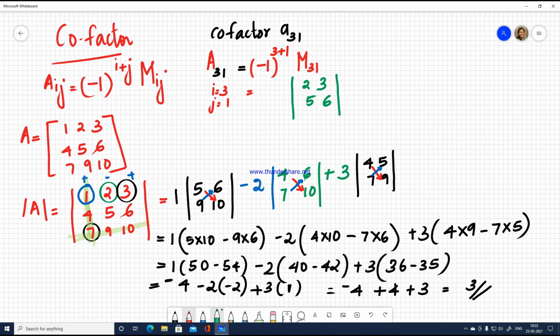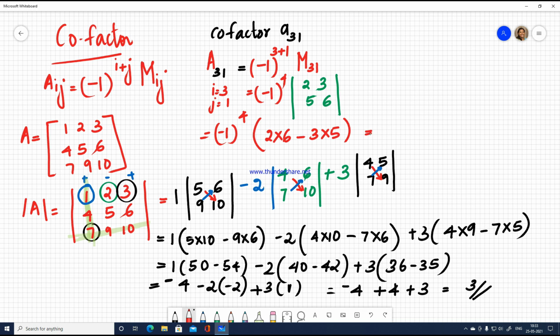Then we write minus 1 raised to 4, into 2 into 6 minus 3 into 5.